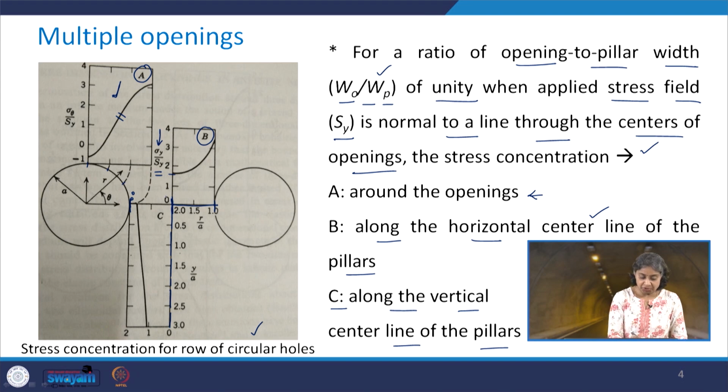It starts from here at the center line, and as you move in the vertical direction, see how it changes, and when y by a becomes approximately equal to 3, the stress concentration is close to 1. So this is the stress concentration with respect to the vertical center line of the pillars, that is sigma y by SY, this variation.